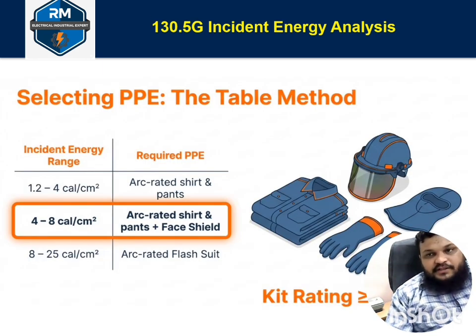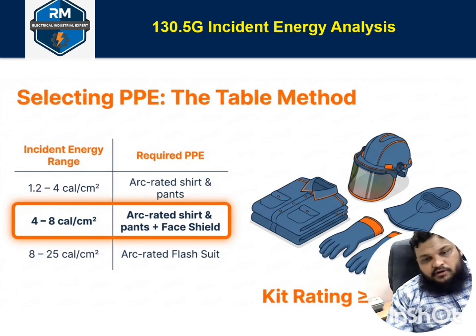Further, on the basis of the incident energy, we are going to calculate and select the PPE based on Table 130.5(G), the selection of PPE based on the incident energy method. For 1.2 to 4 calories per centimeter square, we select arc rated shirts and pants. For 4 to 8 calories per centimeter square, we select arc rated shirt plus pants plus face shield.